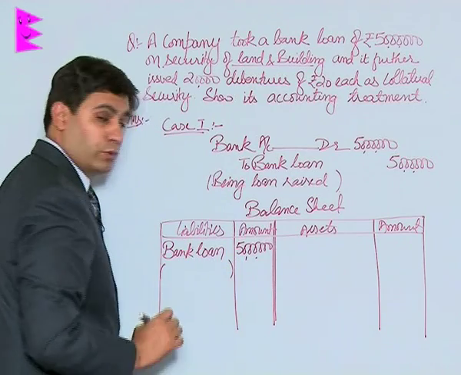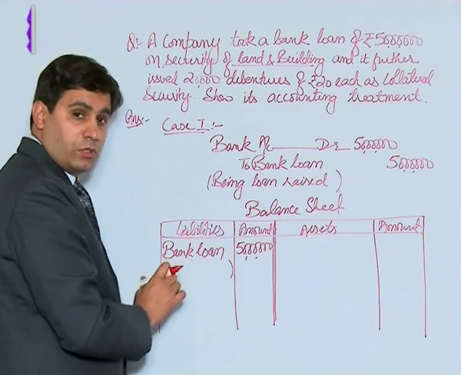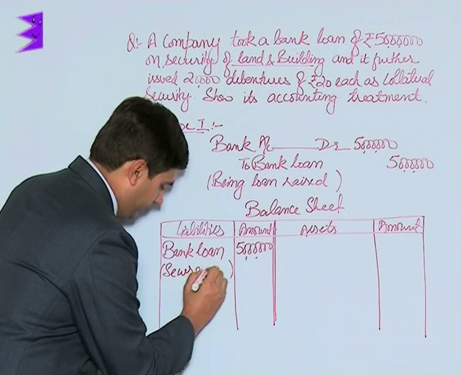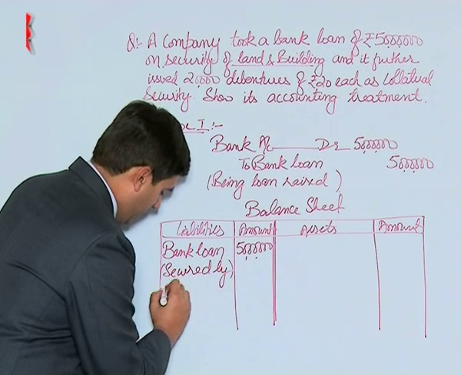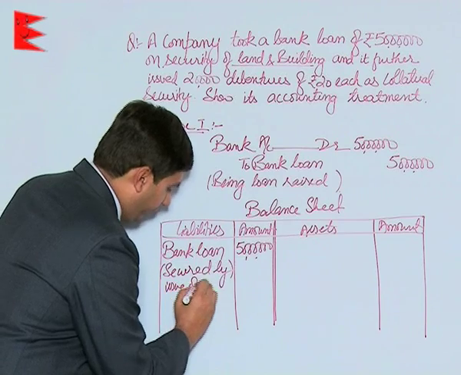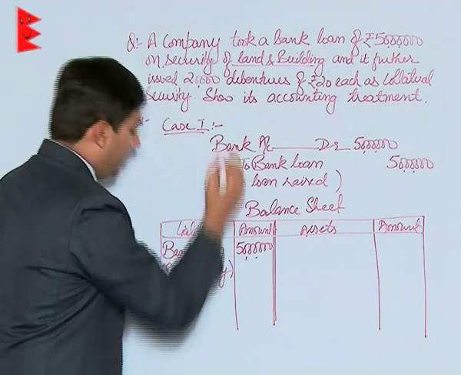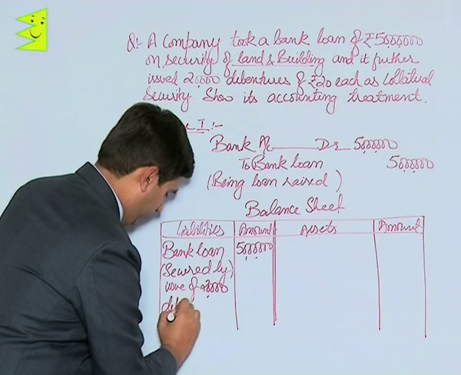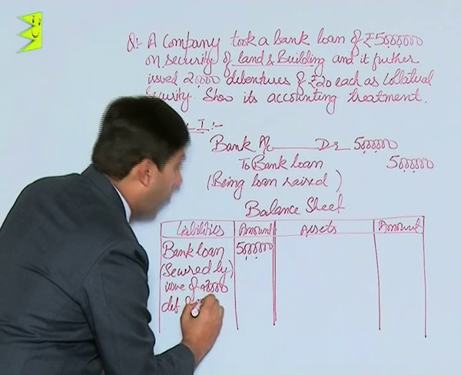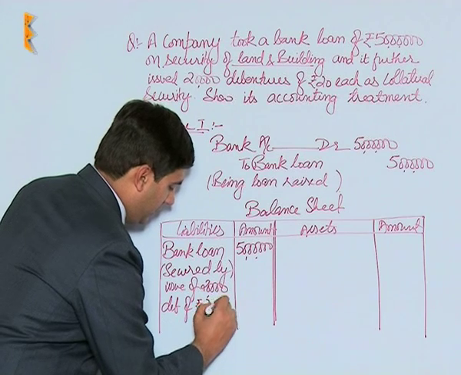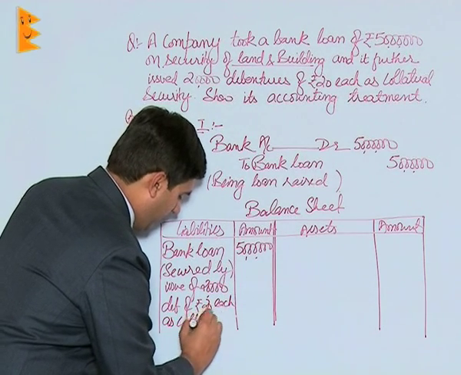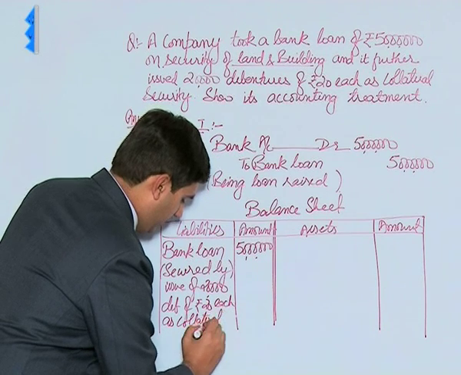Under this bank loan, we will write a note that is secured by issue of 20,000 debentures of rupees 20 each as collateral security.